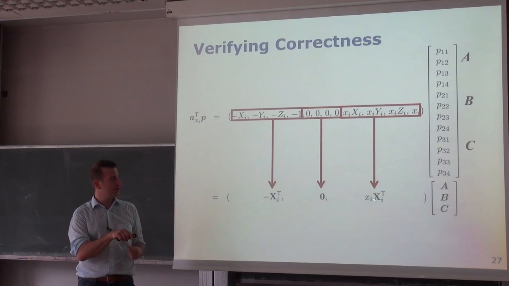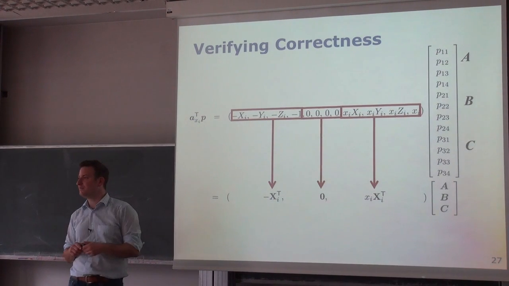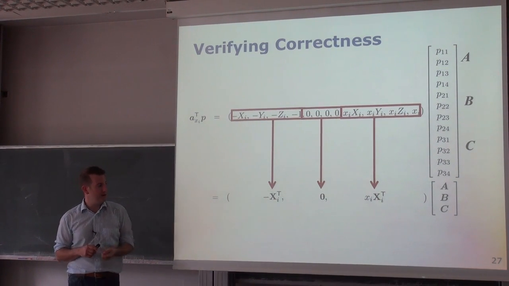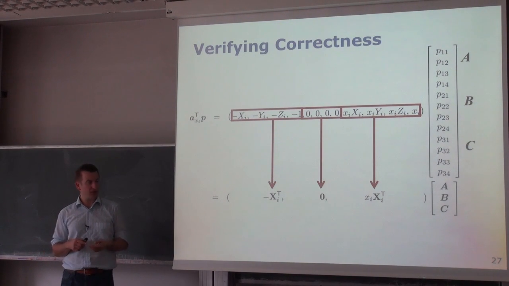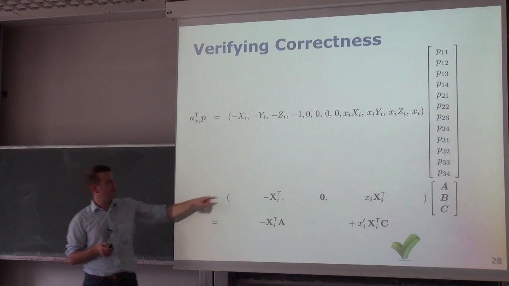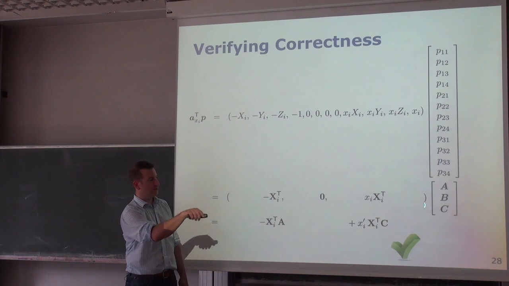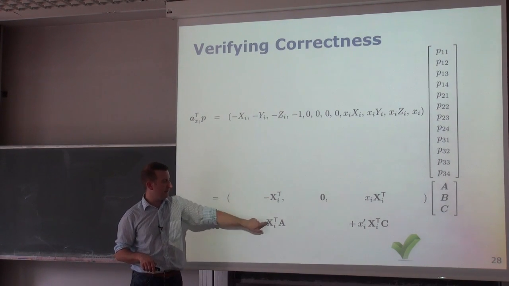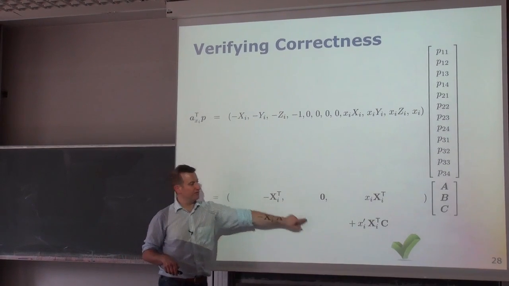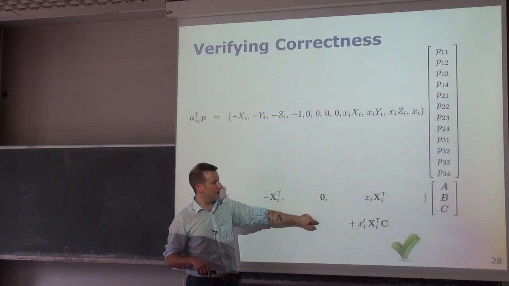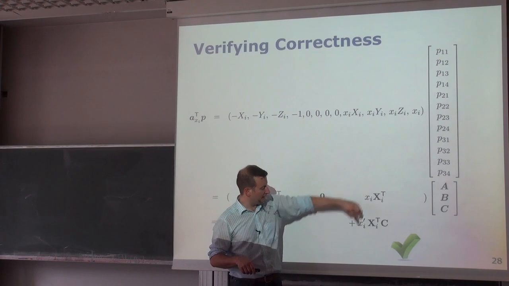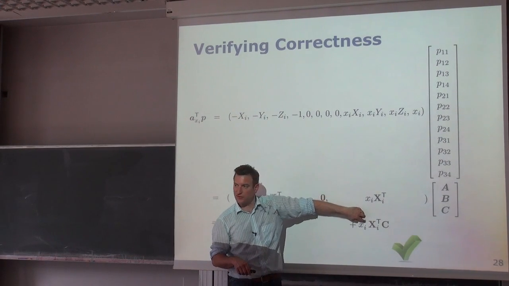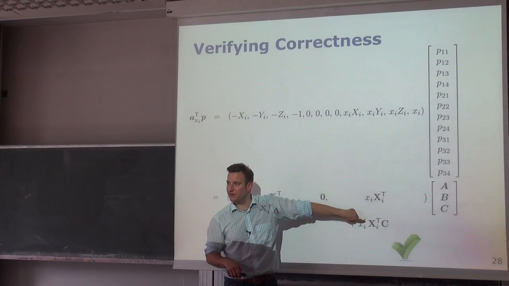So the x coordinate of the observed points times the coordinates of the object point in the 3D world. What I then can do is, if I multiply this vector with this vector, I get minus xi transposed A. Second element is 0, so no dependency on B. And then x. Okay, I forgot to remove the prime. This is a mistake. I tried to unify the notation.